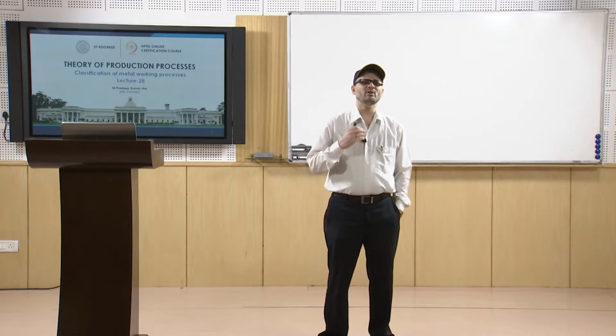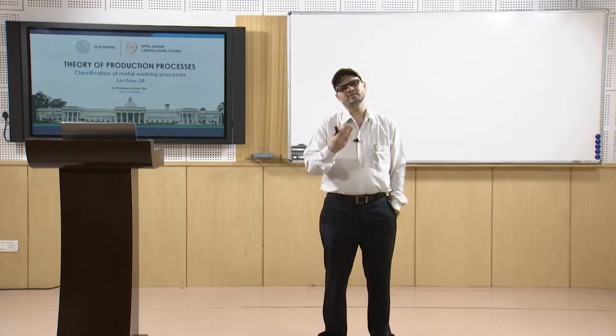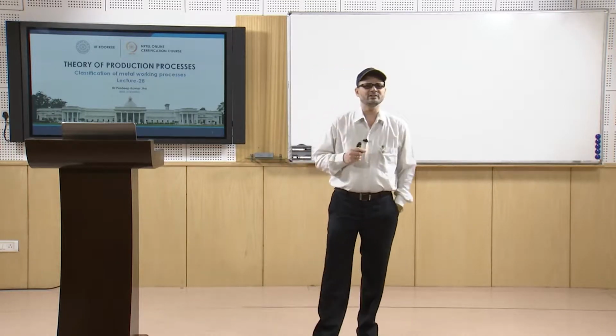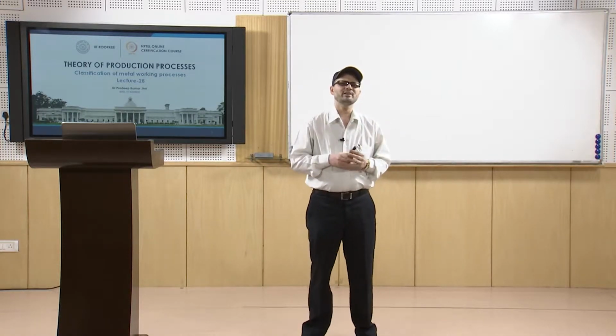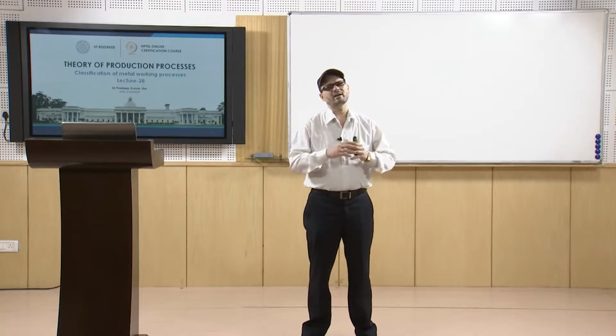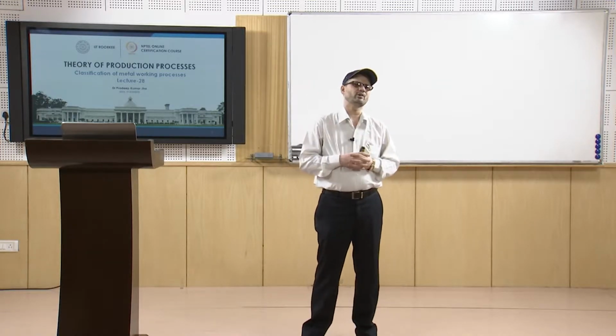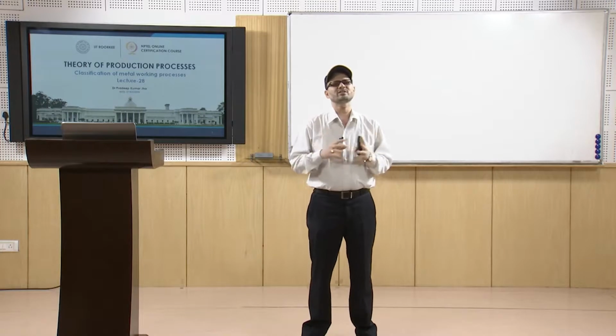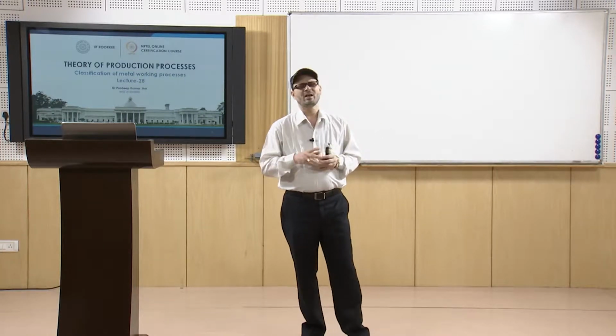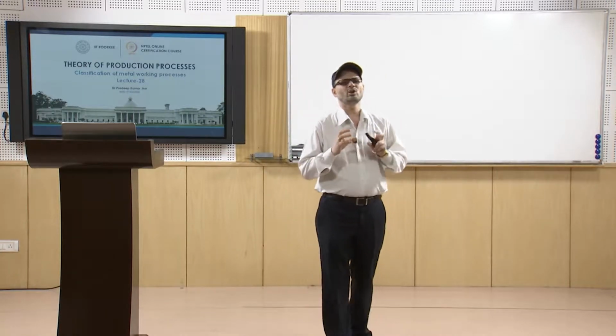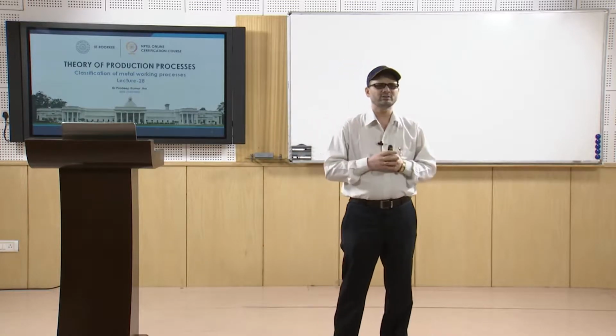Basically, when the term metalworking processes is used, it means that you are giving a particular shape. Different types of shapes can be obtained using the plastic forming processes, those forming processes which result in plastic deformation.